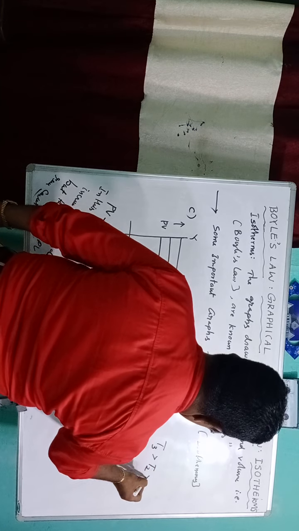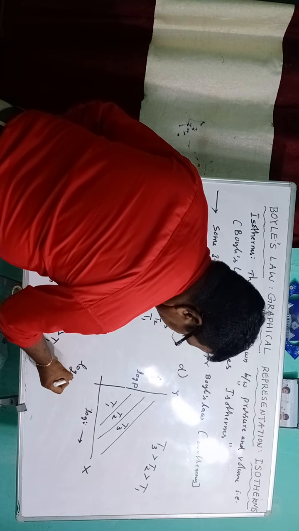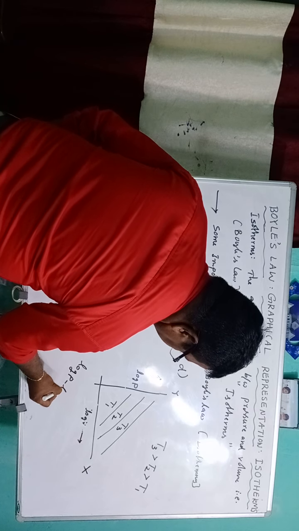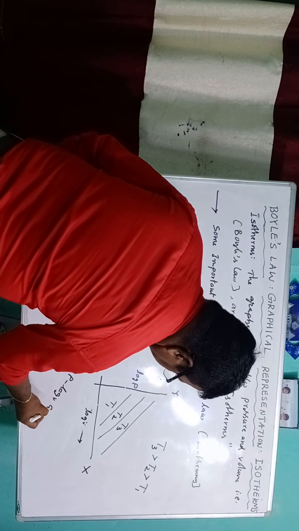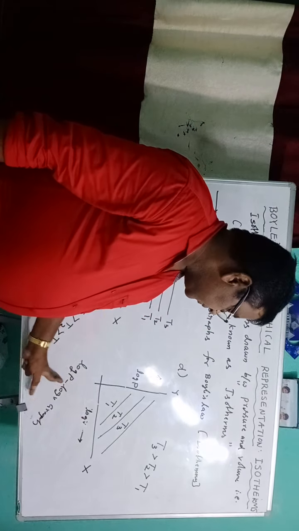Here also T3 is greater than T2, greater than T1. This graph is known as the log P versus log V graph.